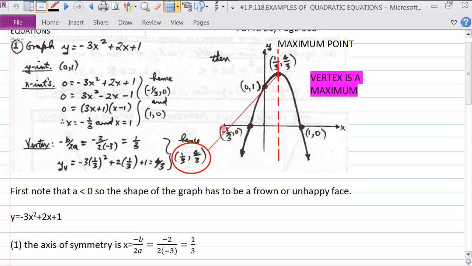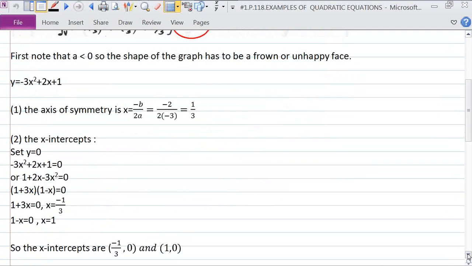So for the x-intercepts, y is equal to 0 along this line. The intercepts are minus 1/3 and 1. Here we are, minus 1/3 and 1.